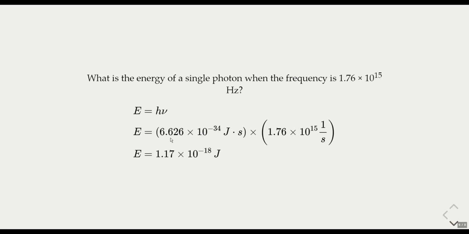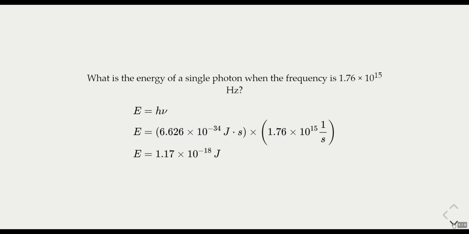In any case, multiply by the frequency we just got from the previous part of the calculation. And I now have the energy that we come in with, 1.17 times 10 to the minus 18 joules. Each little chunk of light delivers that much energy to that electron.